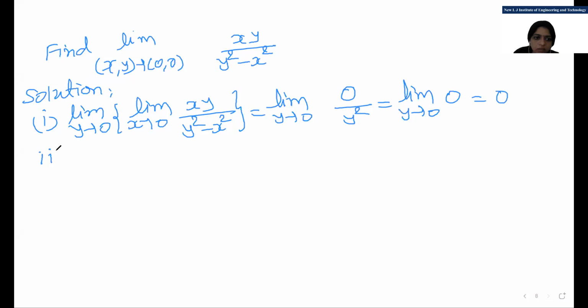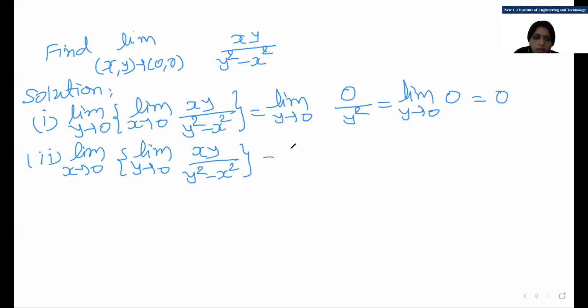For the second step, limit x tends to 0, here limit y tends to 0, xy upon (y square minus x square), as limit x tends to 0. If we keep y 0, then x into 0 is 0 upon minus x square.